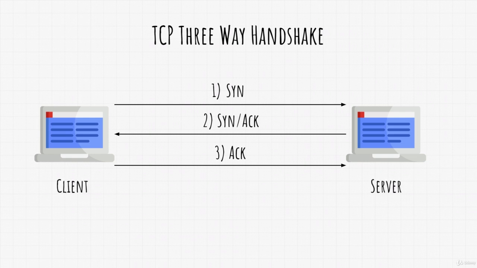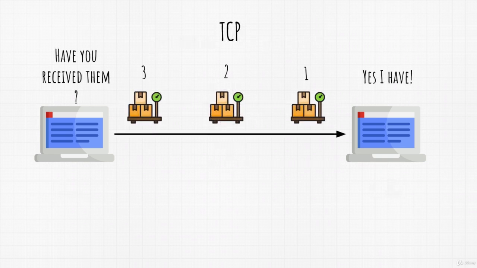Once the data transfer starts, TCP guarantees the receiver will get the packets in order by numbering them. Then the server sends messages back to the sender saying it received the packets. If the sender does not get the correct response, it will resend the packets to ensure the server got them. All of those packets are also checked for errors.